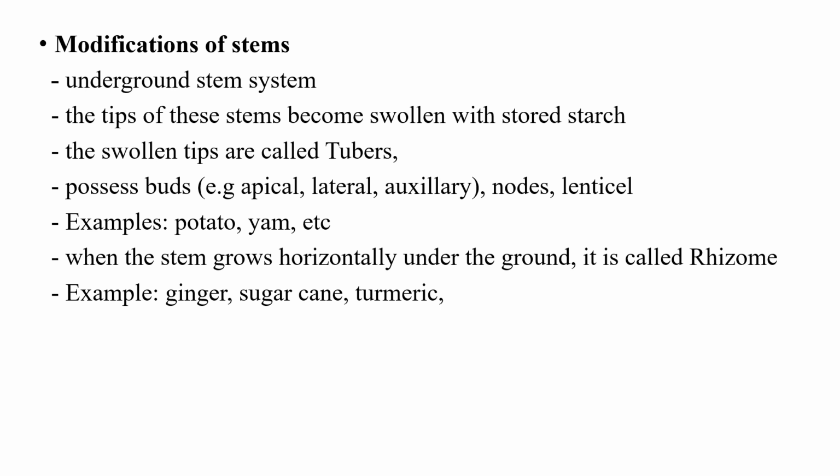Then we also have a situation where stems grow under the ground but in a horizontal way. That is, they will not form a conical shaped structure at the tip under the ground, but instead they will continue to grow under the ground in a horizontal way.